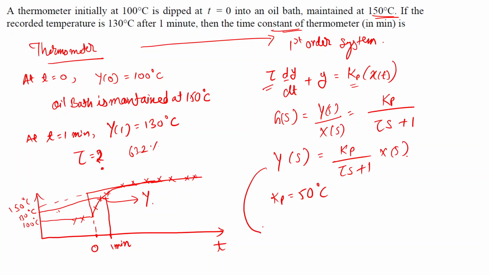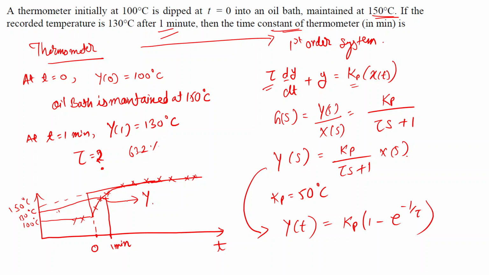To find the temperature of the thermometer at any given time, we need to write it in terms of time. So you can take the inverse Laplace of this term and write y of t is equal to Kp into 1 minus e raised to minus t upon tau.